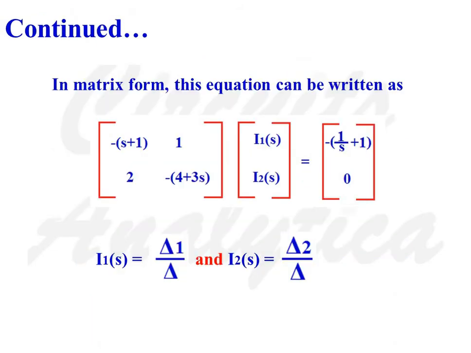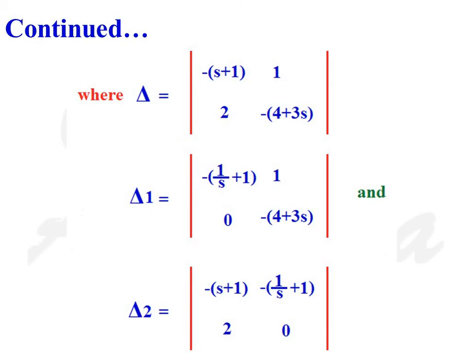So we can write I1 of S is equal to delta 1 by delta, and I2 of S is equal to delta 2 by delta, where delta is equal to determinant of minus S plus 1, 1, 2, minus of 4 plus 3S.